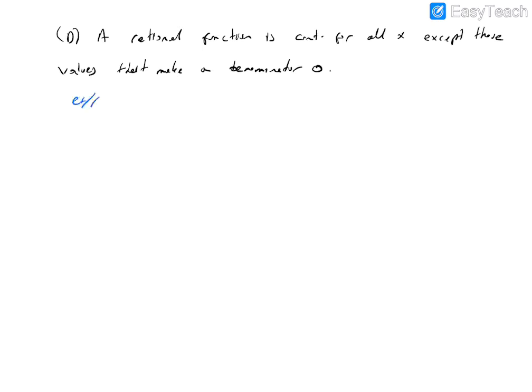So for example, f of x equals x squared plus 4 over x minus 2. It is continuous for all x except x equals 2.